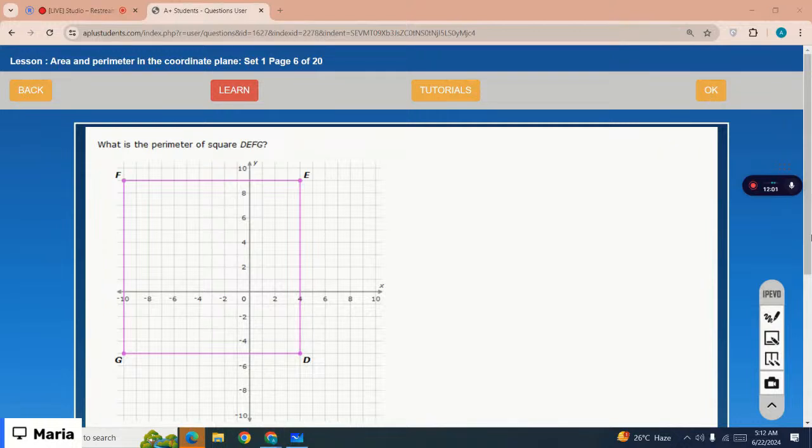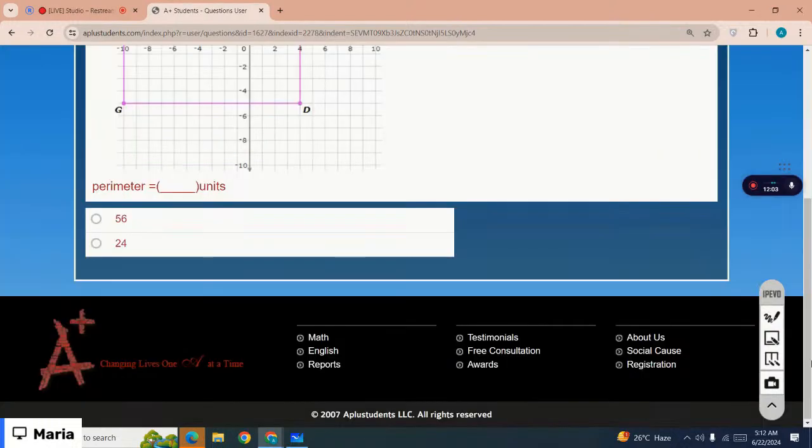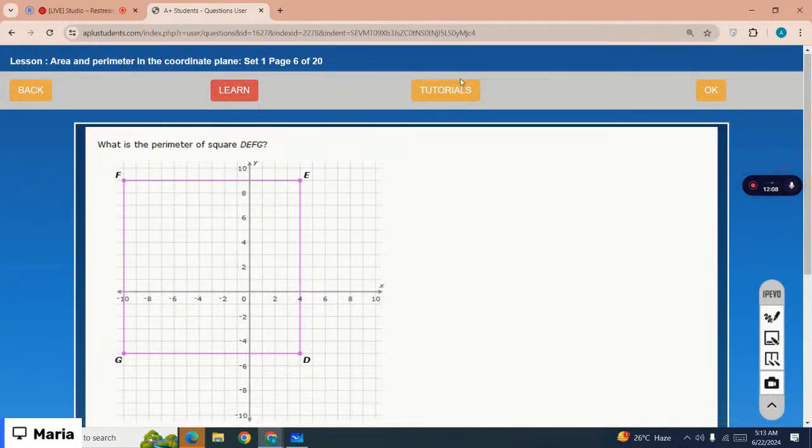The perimeter is 14 times 4, which is 56. Okay, you can complete the lesson by yourself later today.